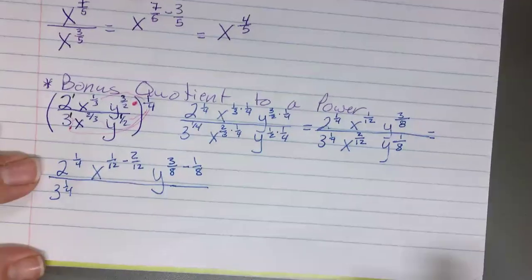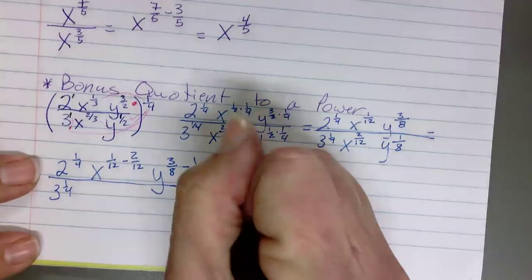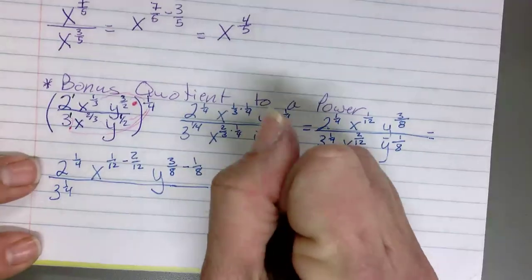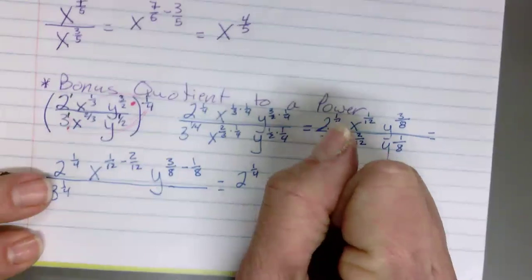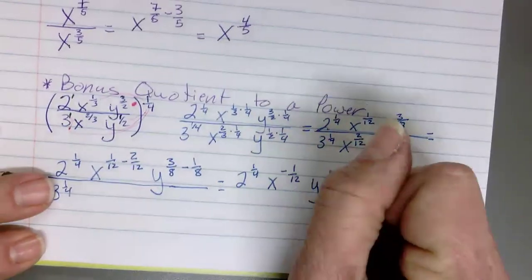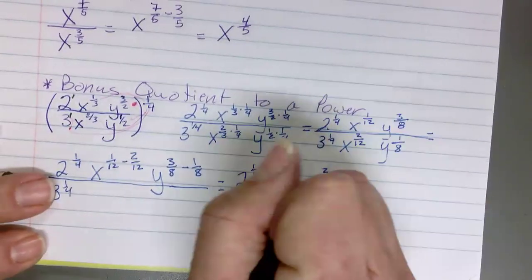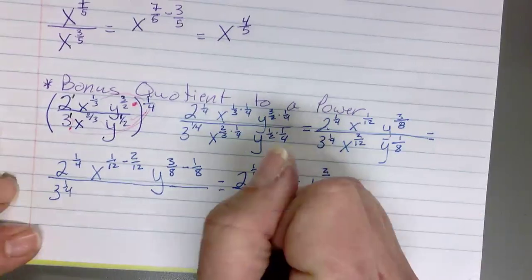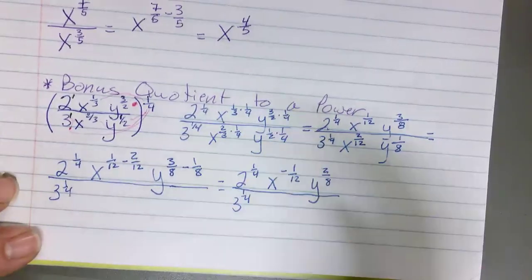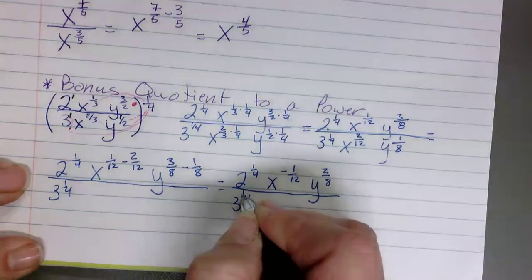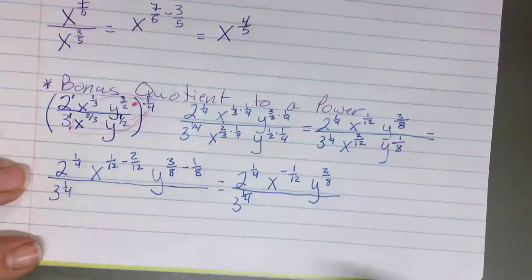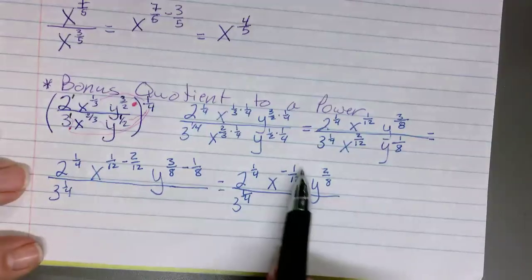Okay. So then this is going to equal 2 to the 1/4, x to the negative 1/12, y to the 2/8, all over 3 to the 1/4. We're not allowed to have a negative exponent, right?